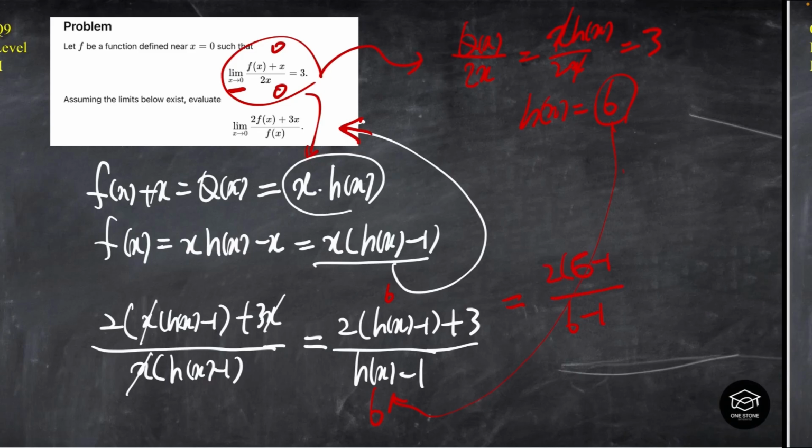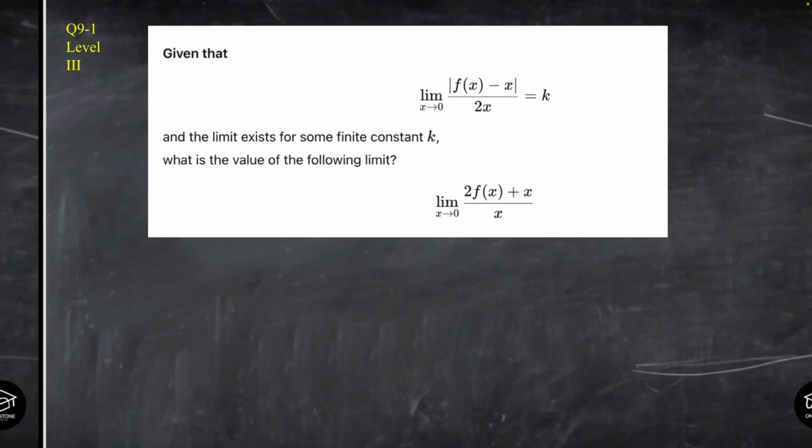We get (2 times (6 - 1) + 3) divided by (6 - 1). That's (2 times 5 + 3) over 5, which equals (10 + 3) over 5. And that gives 13 over 5. Final answer, 13/5.